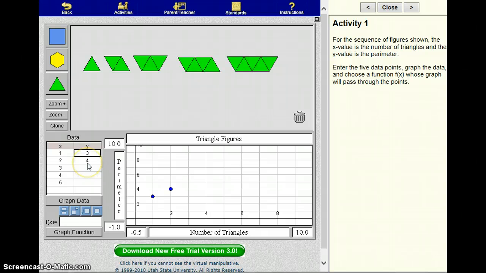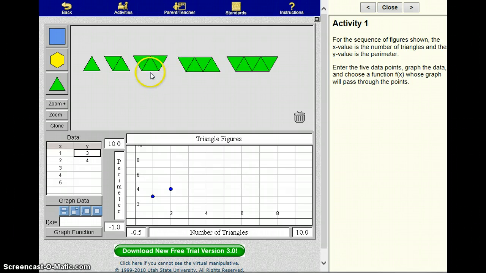So what we have here is the perimeter equals... it's dependent upon, let me say this, the perimeter of the figure is dependent upon the number of triangles used. And we can see that that perimeter keeps growing as we use more triangles.